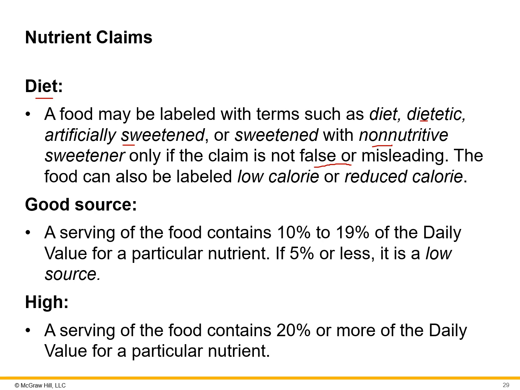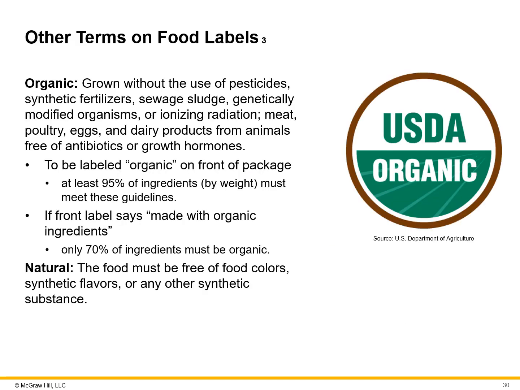The food could also be listed as low calorie or reduced calorie. Again, good source: 10 to 19% of the daily value. If it's 5 or less, it's a low source. And again, high is 20 or more. Just some others that are listed.